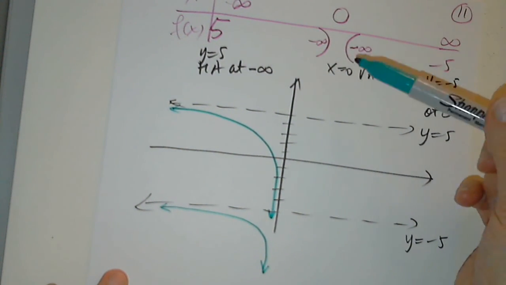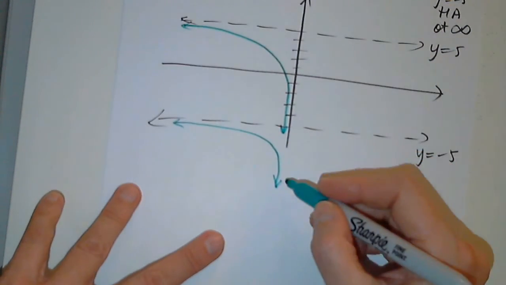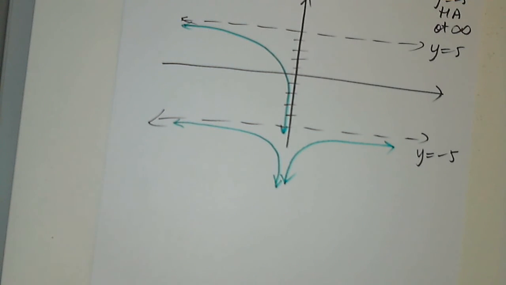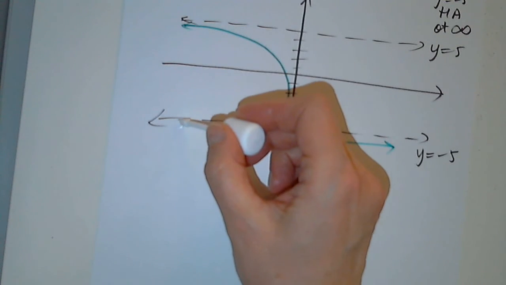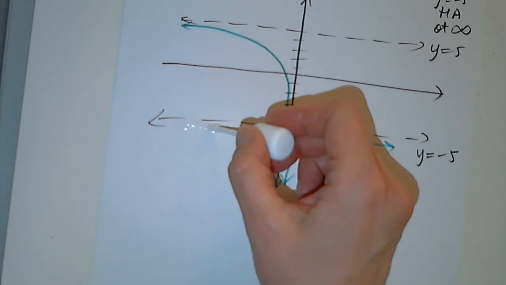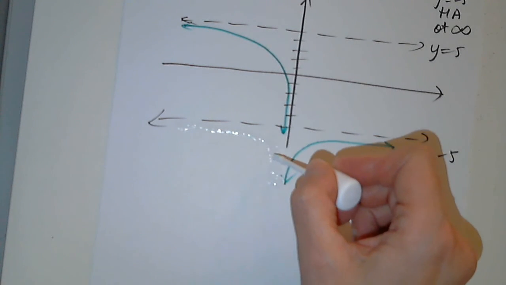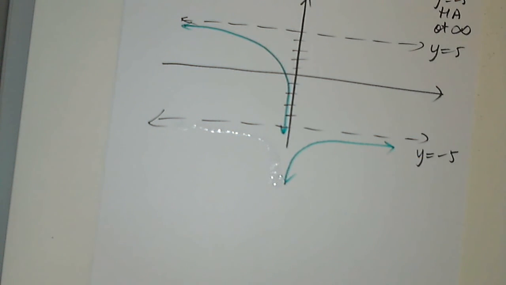And from approaching -infinity to -5. That's our example. That's my example. You can come up with anything else. Any questions here?